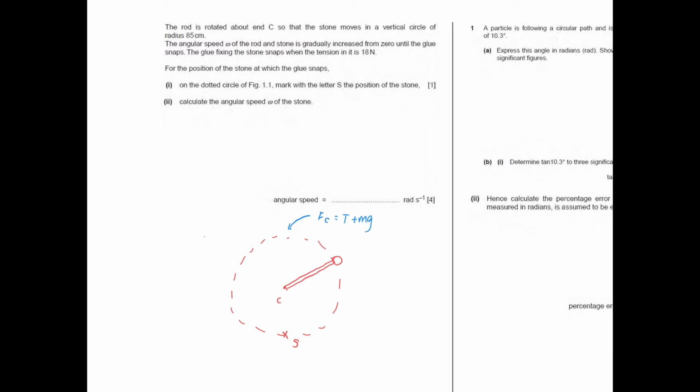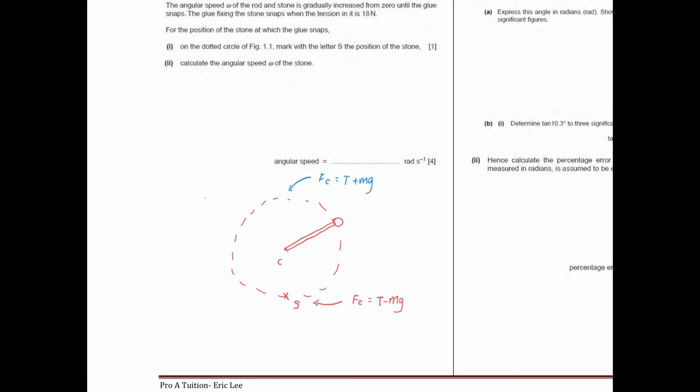And at the bottom point, centripetal force is T minus mg. Because of that, there is a difference between the top position and the bottom position. If I rearrange the equations, at the top, tension is centripetal force minus mg, and at the bottom, tension is centripetal force plus mg.